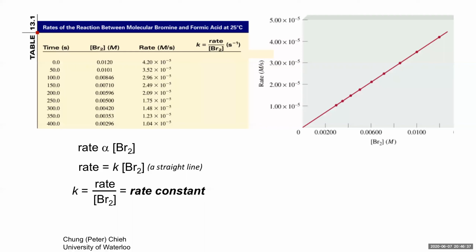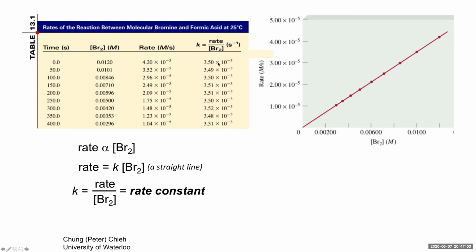If I calculate 4.2 times 10 to the negative 5 divided by the concentration 0.0120, I get 3.5 times 10 to the minus 3. So the rate constant at time 0 would be 3.5 times 10 to the minus 3. Indeed, that's what we see.